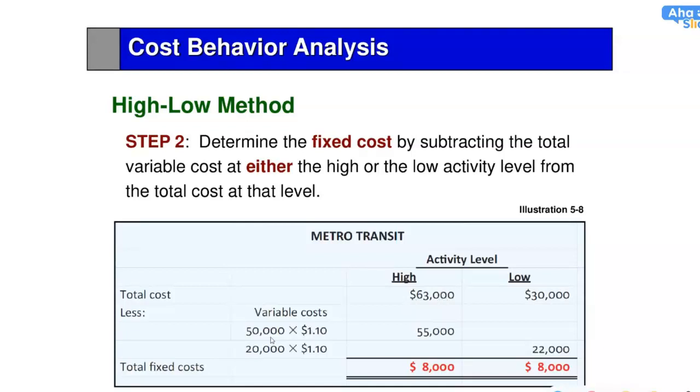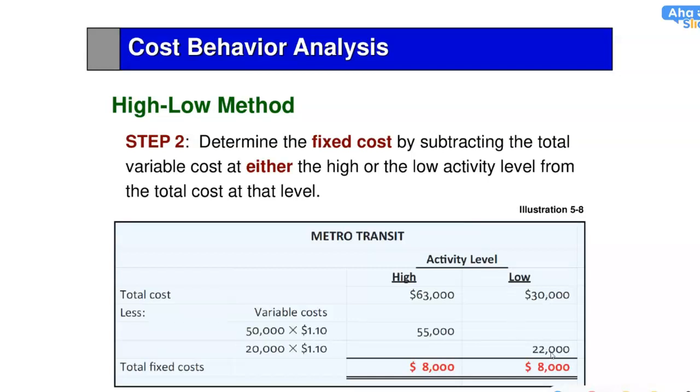And that's what it was at 50,000 miles. So I know the variable portion then is 50,000 miles times $1.10. So of that 63, 55 is variable. Therefore, the remainder is fixed. I can test that by looking at the low. At the low, the total was 30,000, and I know I did 20,000 miles.